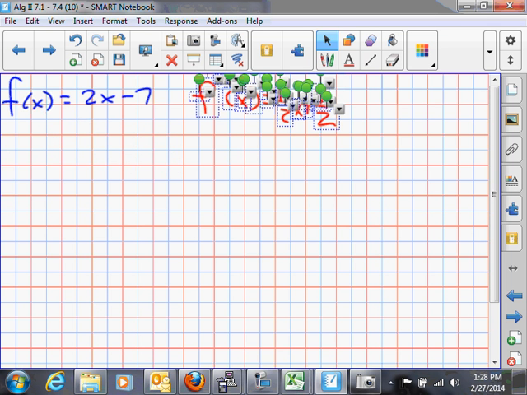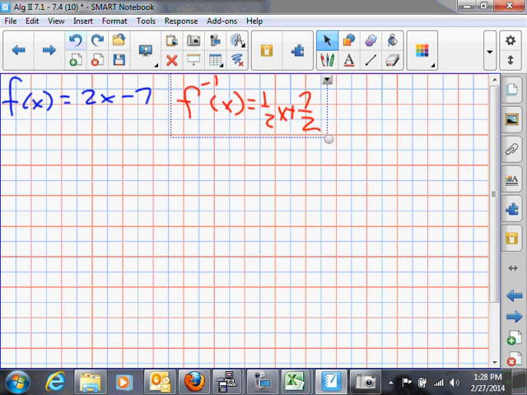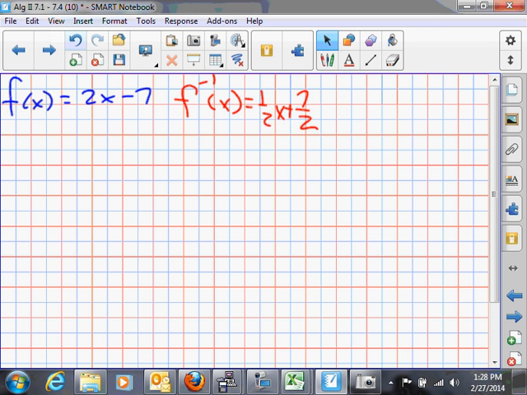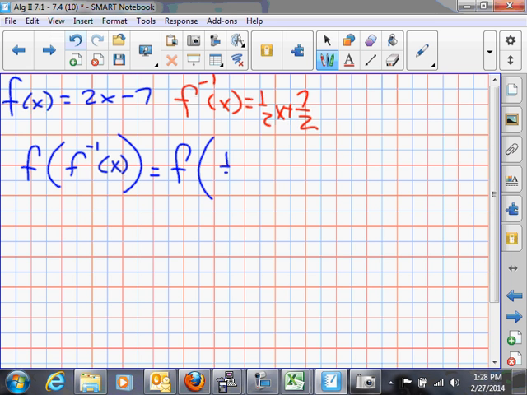Now, here we've got f, and we have f inverse. Now, to show that they are inverses of each other, I'm going to first do f of f inverse of x. Well, now f of f inverse of x is f of 1/2 x plus 7/2.